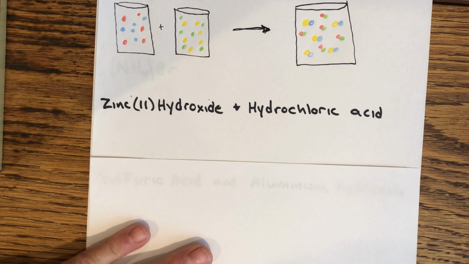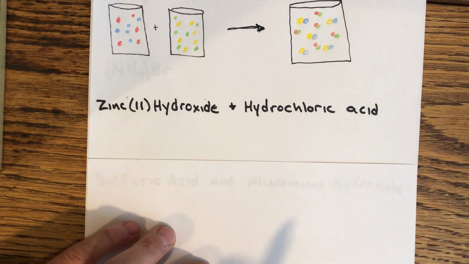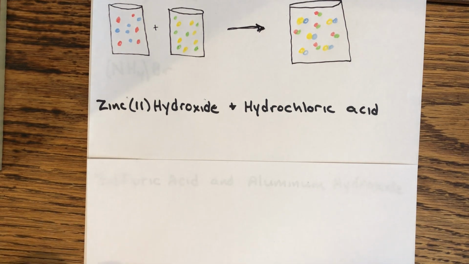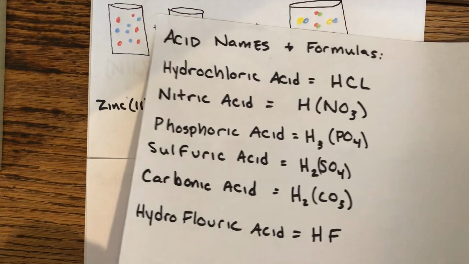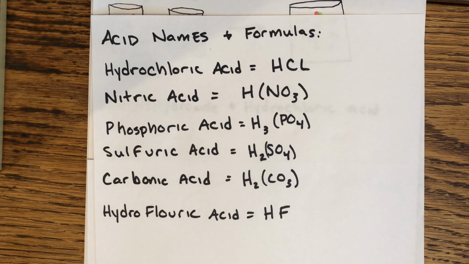Here we have zinc(II) hydroxide and hydrochloric acid. Now you might be wondering why the names of the acids are kind of funny. Hydrochloric has to do with the hydrogen and what it's bonded to, and here are some names and formulas.